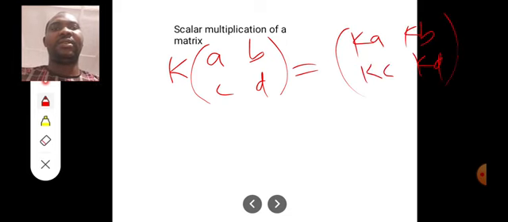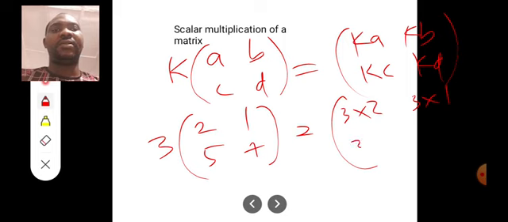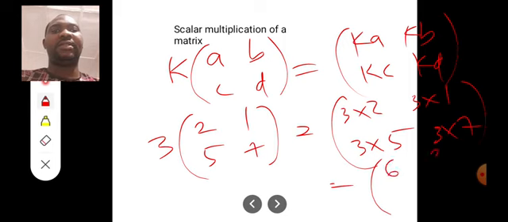If I have 3 times the matrix 2, 1, 5, 7, it means 3 multiplies everything in the matrix: 3 times 2, 3 times 1, 3 times 5, and 3 times 7. That will give us 6, 3, 15, 21.